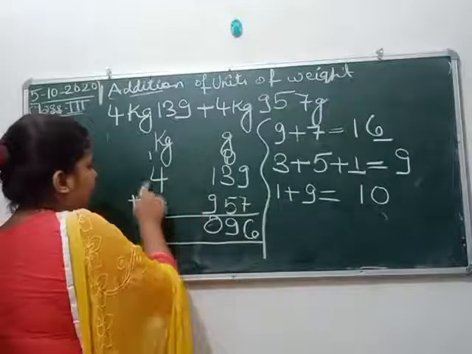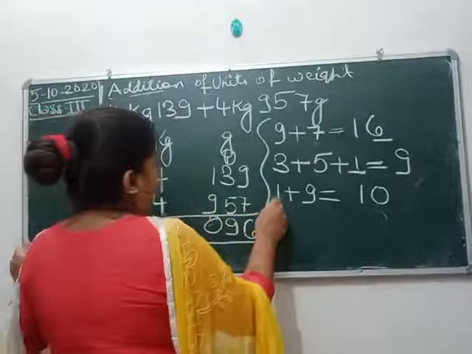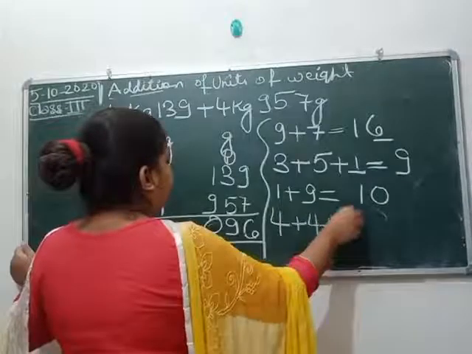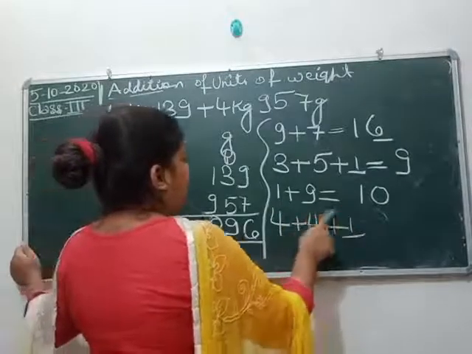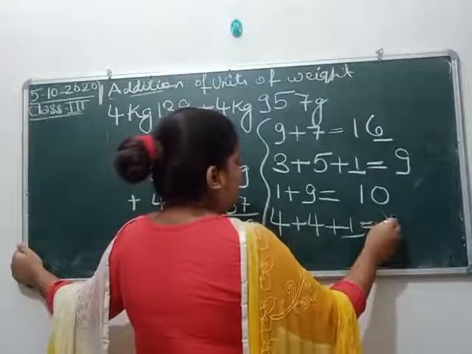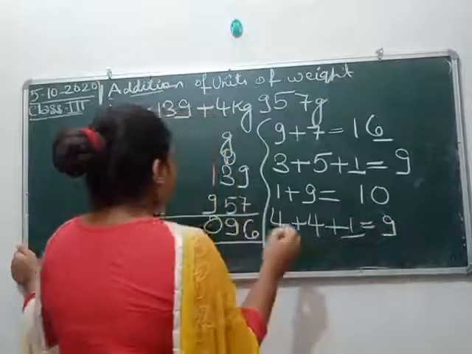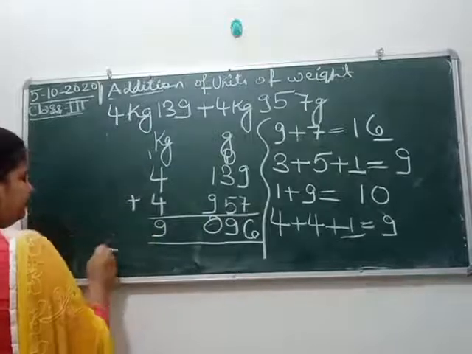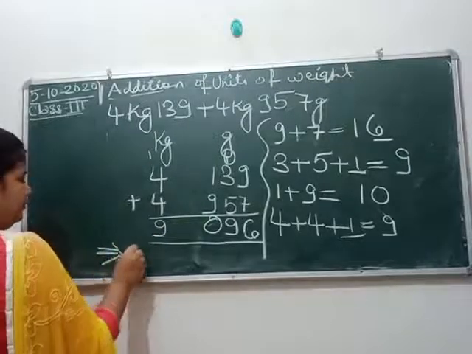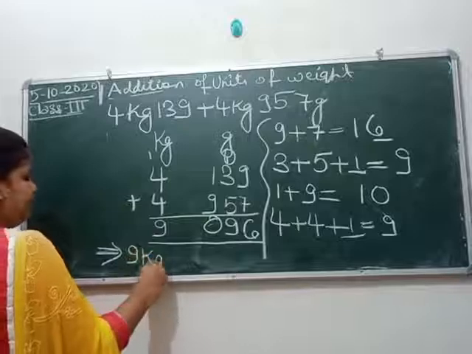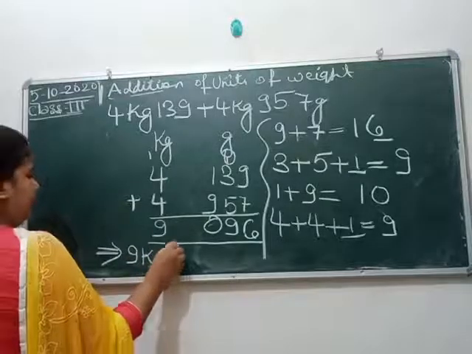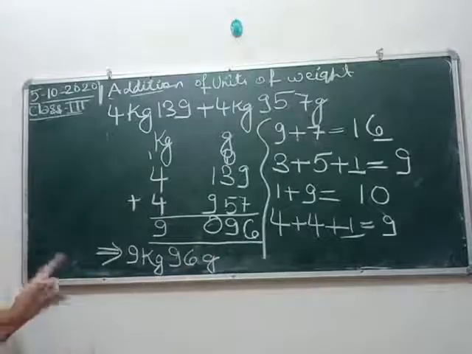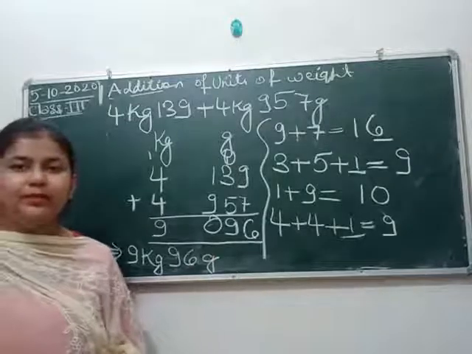Now we will add these together. 4 plus 4 plus 1 is 9. So the answer is 9 kg 096 gram.